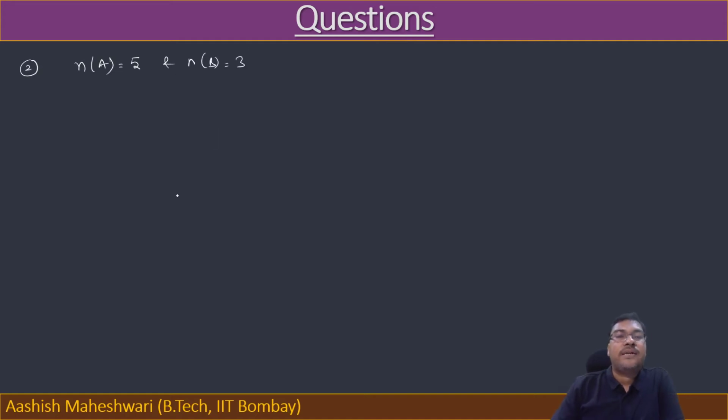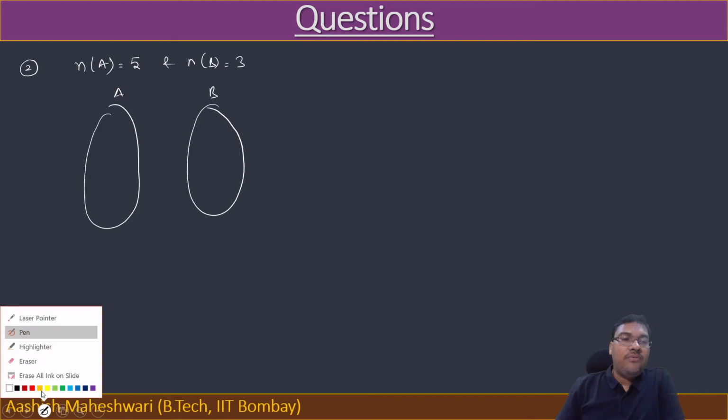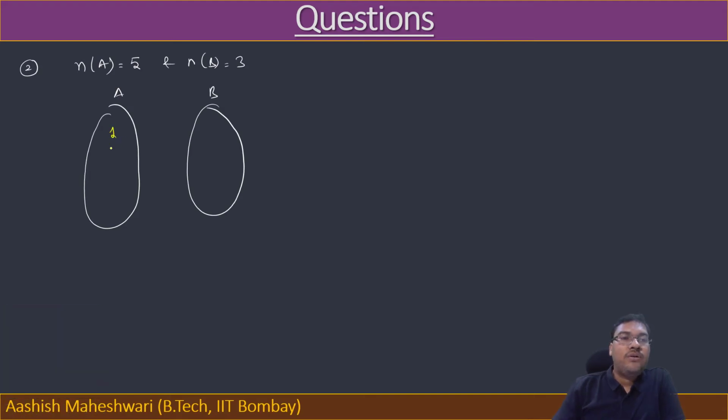Let's consider this, that number of elements in the first set A is more than number of elements in set B. So you can see, let's say you have this case, this is set A, this is set B, and now we have some elements, let's say 1 2 3 4 and 5, and here let's say you have 3 elements A B C.